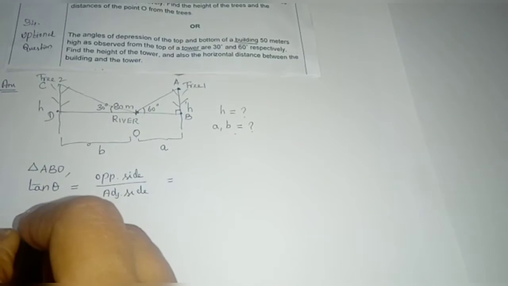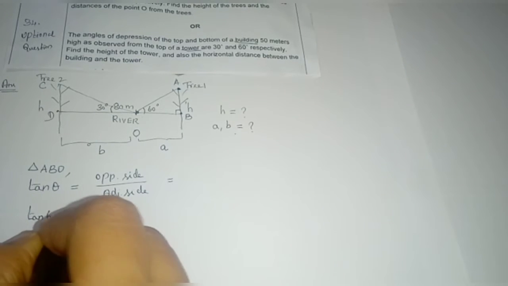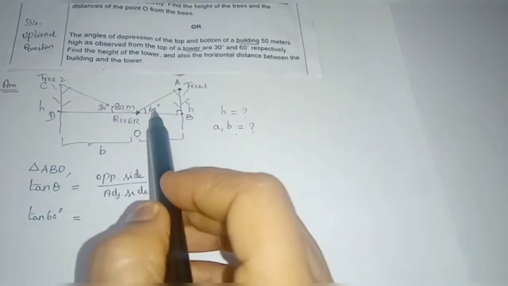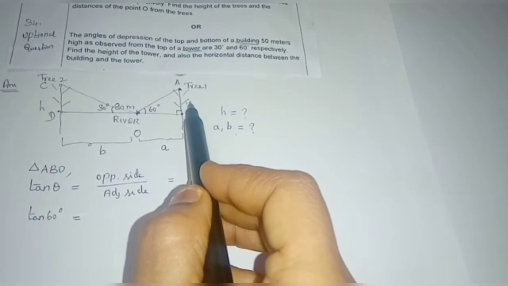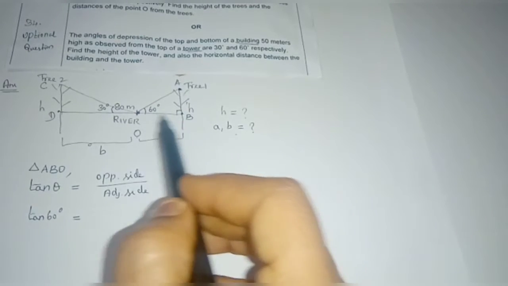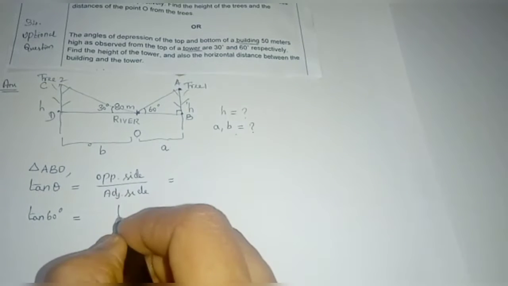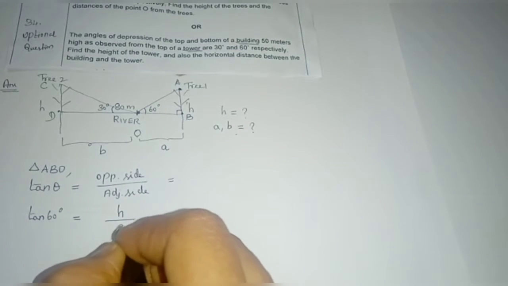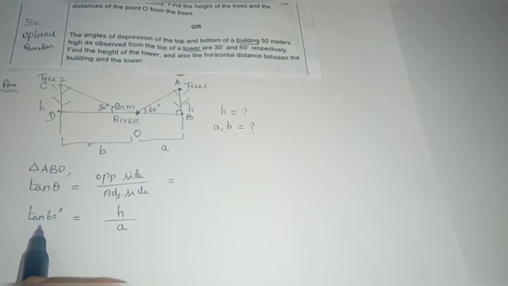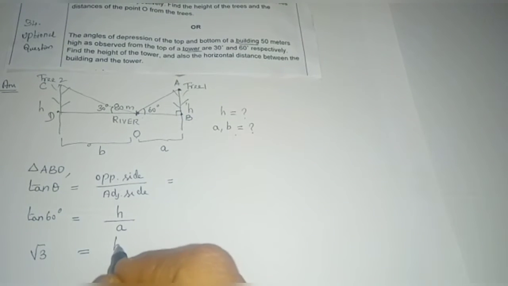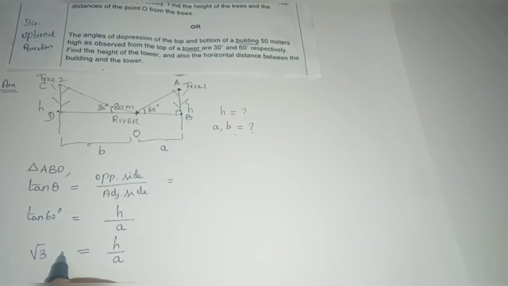Therefore tan 60° is equal to the opposite side of 60°, which is H, by the adjacent side, which is A. We know tan 60° is √3. So √3 equals H by A. Cross multiplying, we get A√3 equal to H.